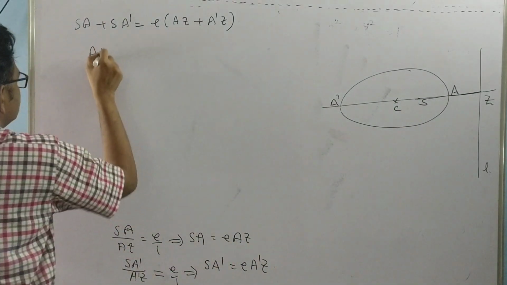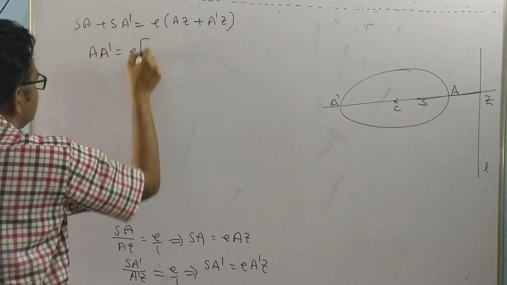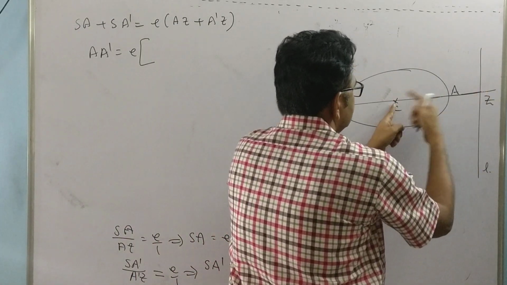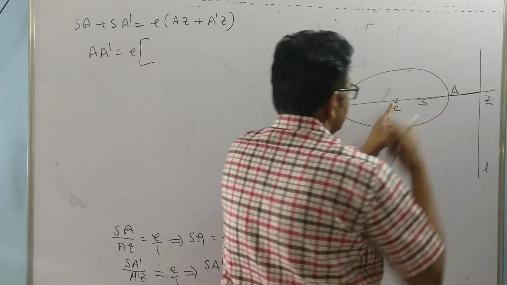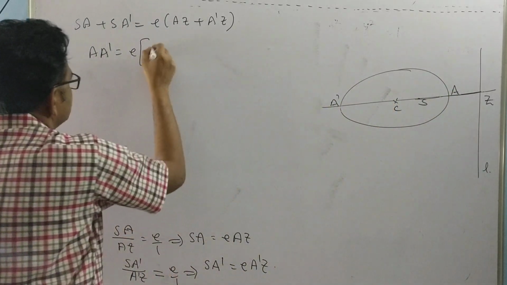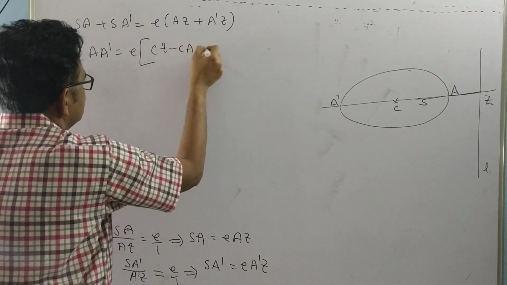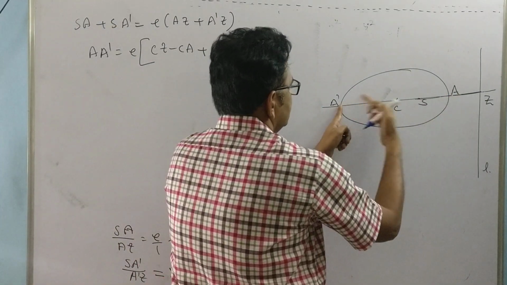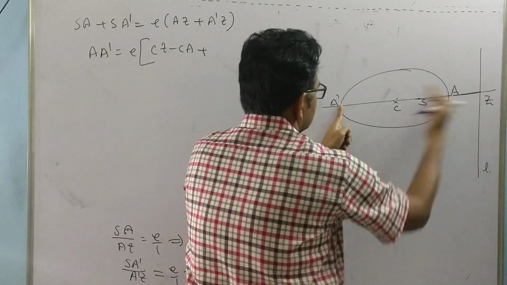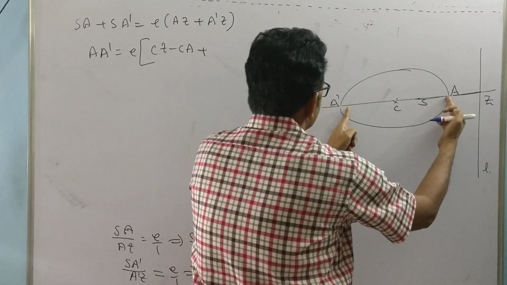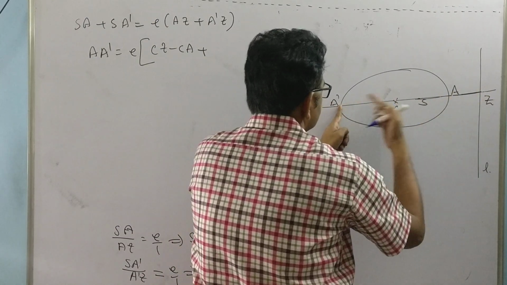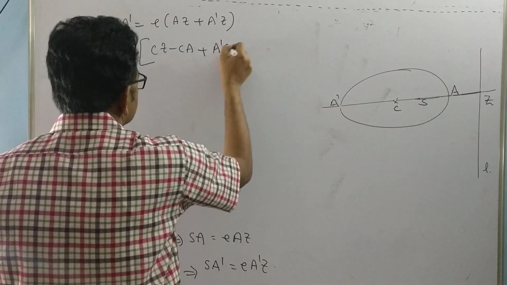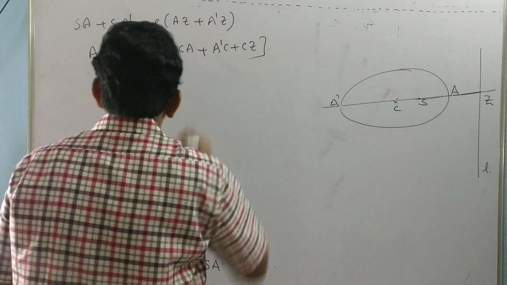Therefore AA dash is equal to E into, where AZ is equal to CZ minus CA, and A dash Z is equal to A dash C plus CZ.